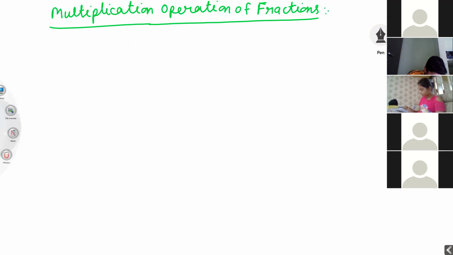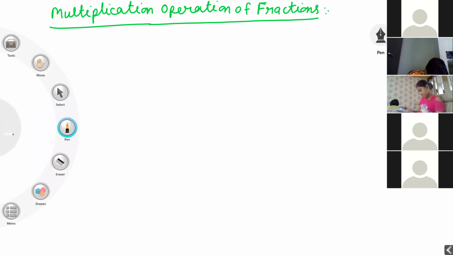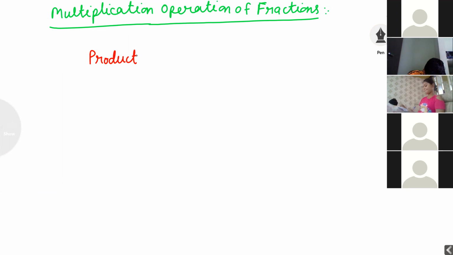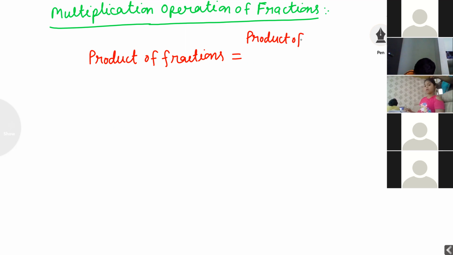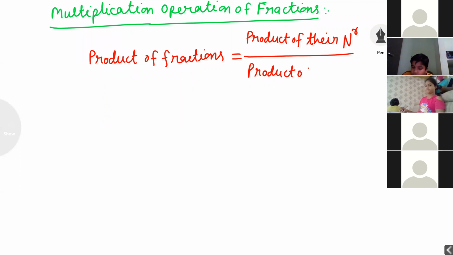Note down: the product of fractions is equal to the product of their numerators divided by the product of their denominators.